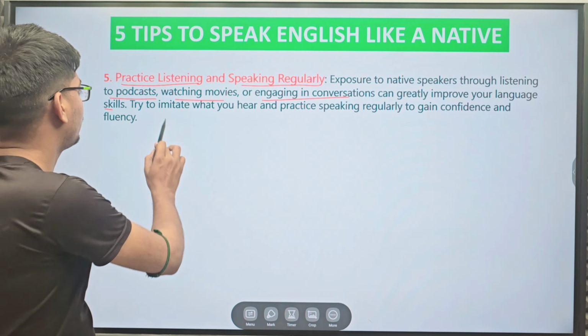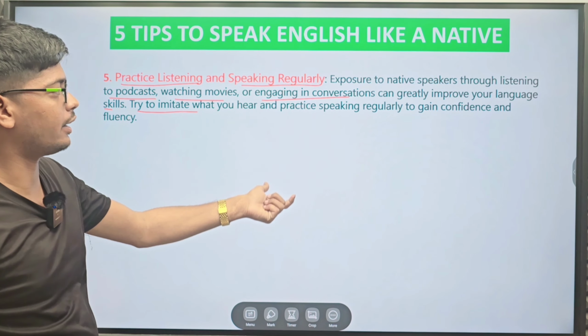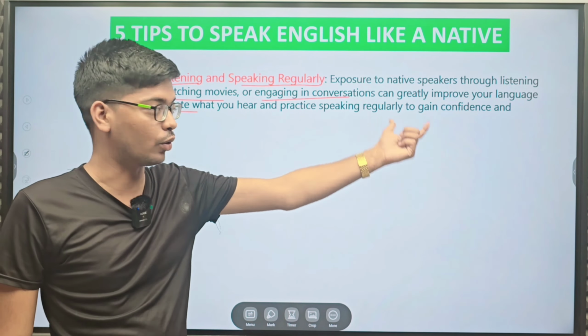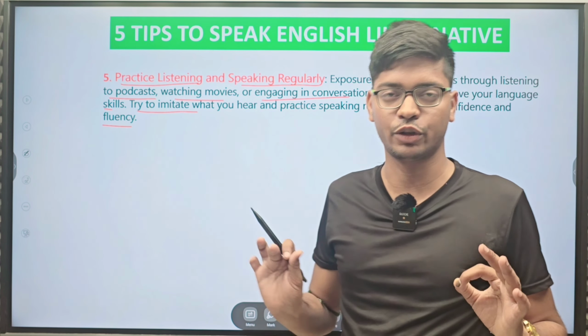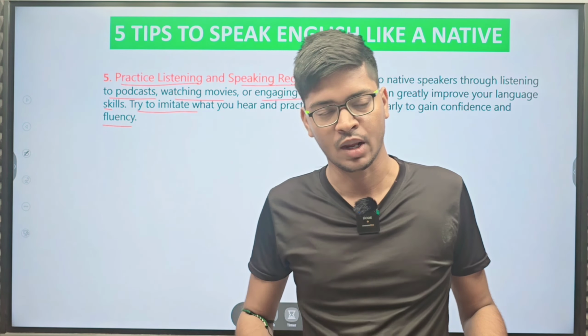Imitate what you hear and practice speaking regularly to gain confidence and fluency. As you know, without practice you can't speak English fast. So you have to do more and more practice of speaking. Whatever language you want to speak, you do practice more and more.